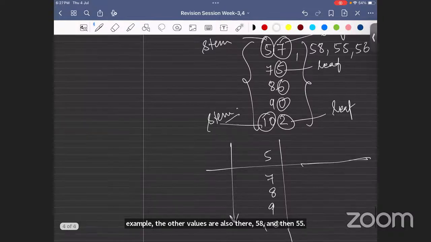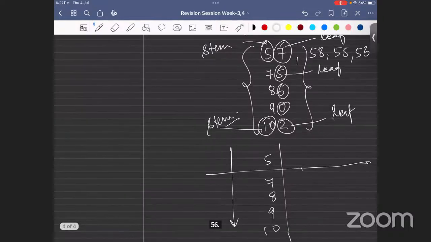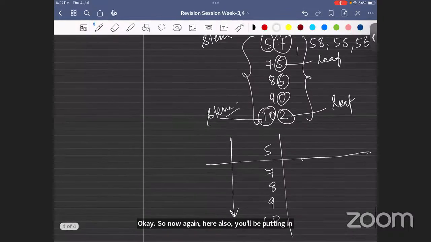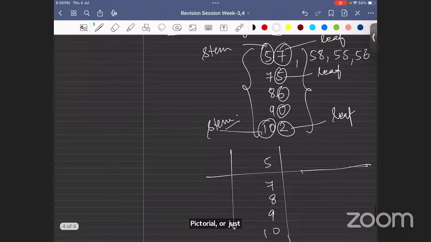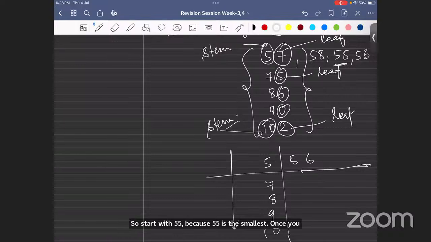Again here you put them in ascending order. You'll start with 55 because it is the smallest, so you write 55, then 6, then 7 and 8.